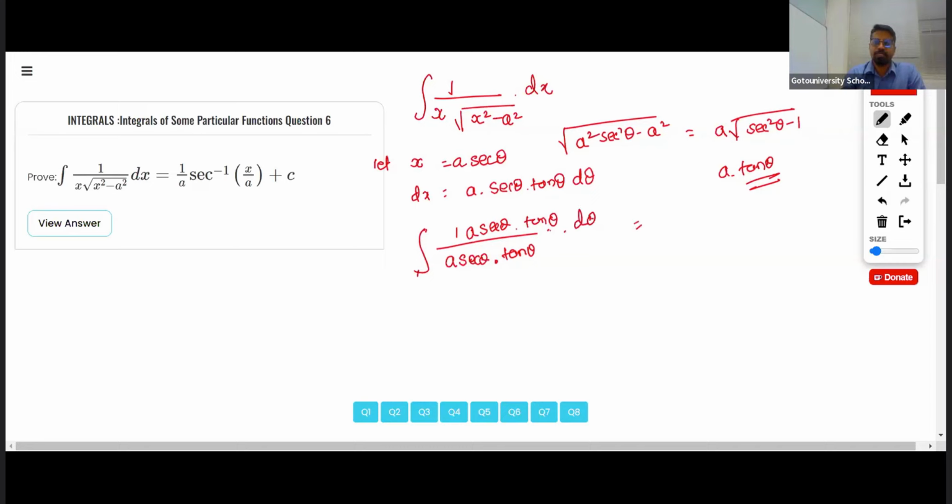So this becomes simply d theta. So this is nothing but theta. The answer is theta plus the constant c.